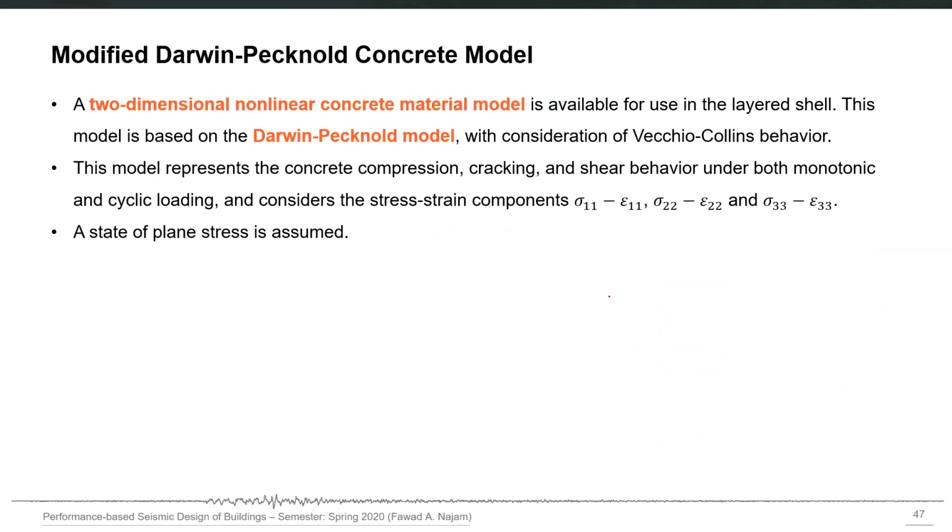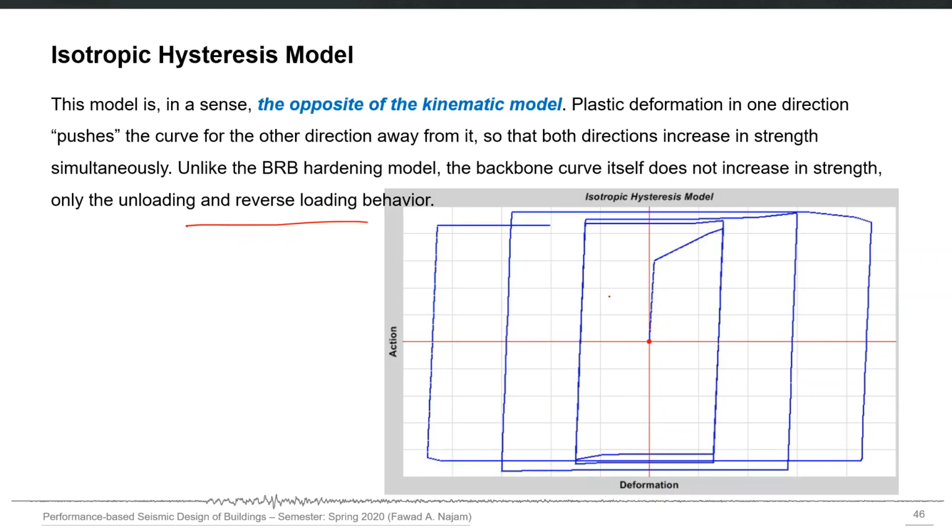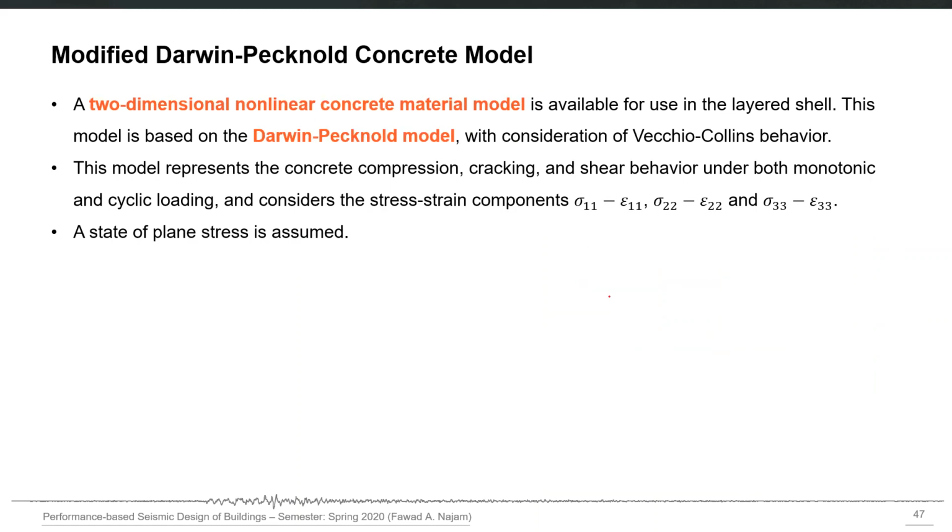These were all the uniaxial cyclic behavior or hysteretic models which are available by default in ETABS. There is also a two-dimensional nonlinear concrete material model, and I will end this part of the lecture here. This is only available for layered shell element. It is two-dimensional because all of the stress strain models and behaviors which we have seen until now are unidirectional.